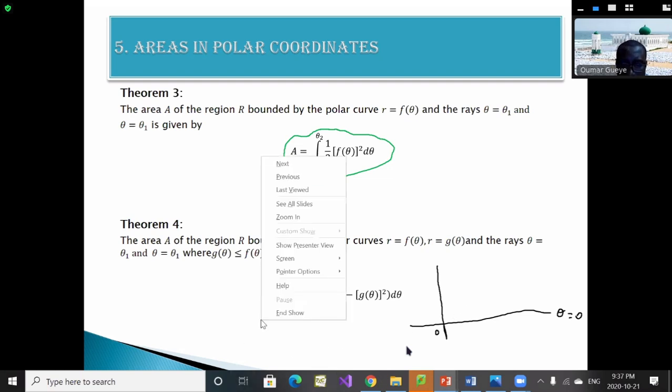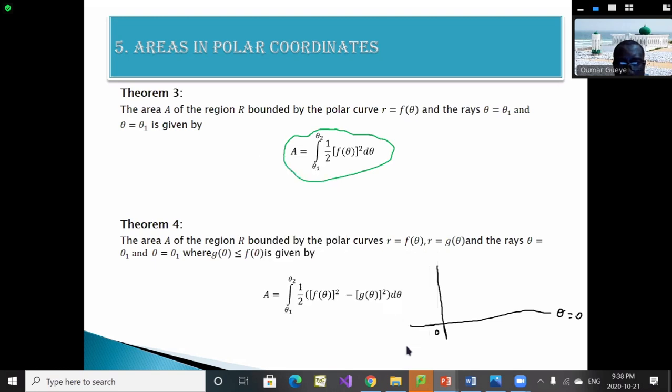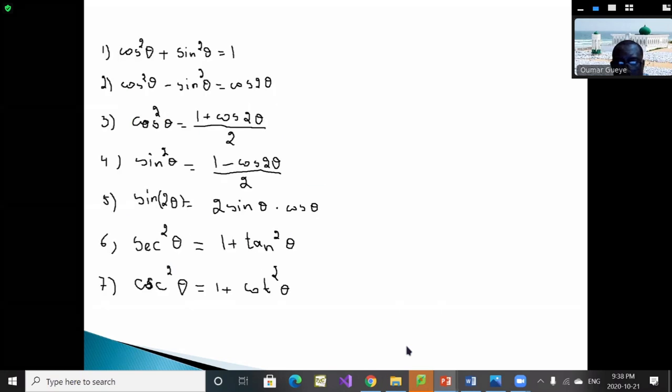And we want to get the area between the two curves, f of theta and g of theta, by assuming g of theta is less than f of theta. So it means the curve of g is going to be below the curve of f.